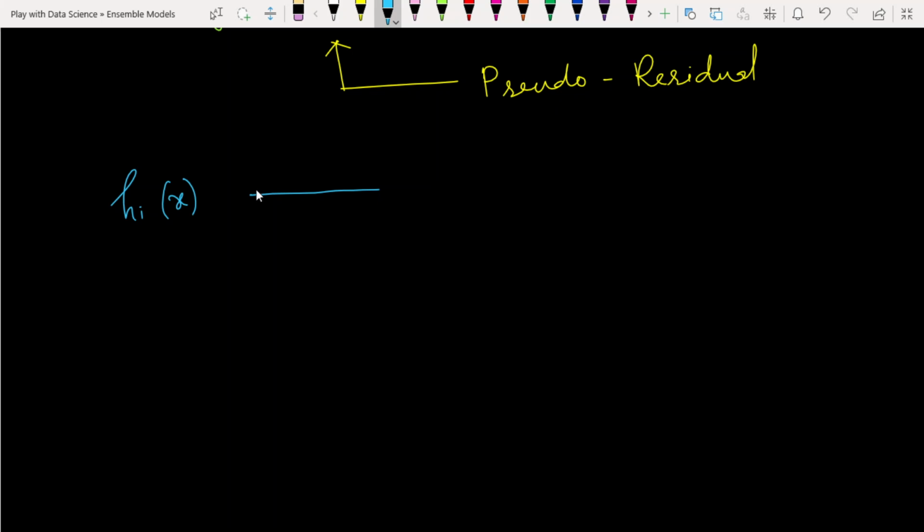At the end of the h stage, we have built this model hi(x), and this model is built from the dataset xi and error i.